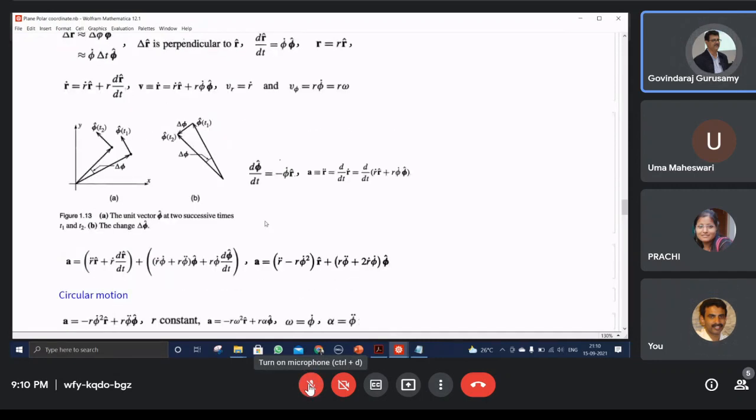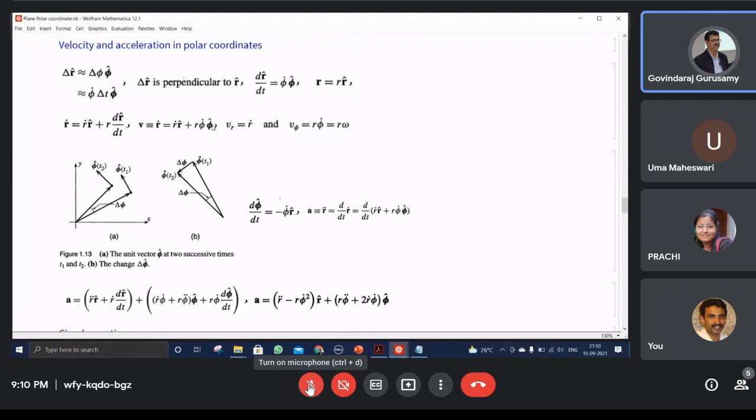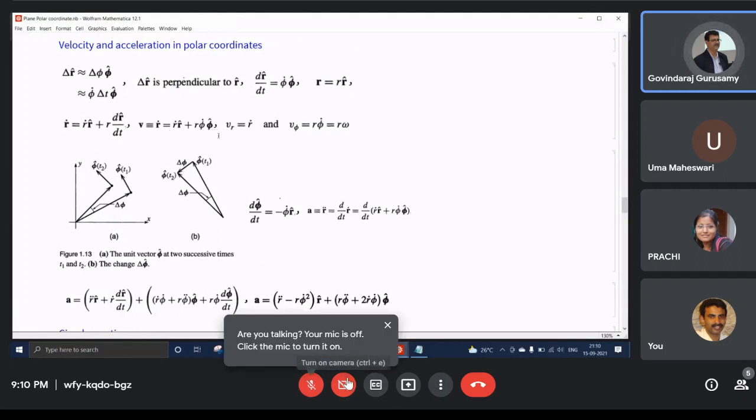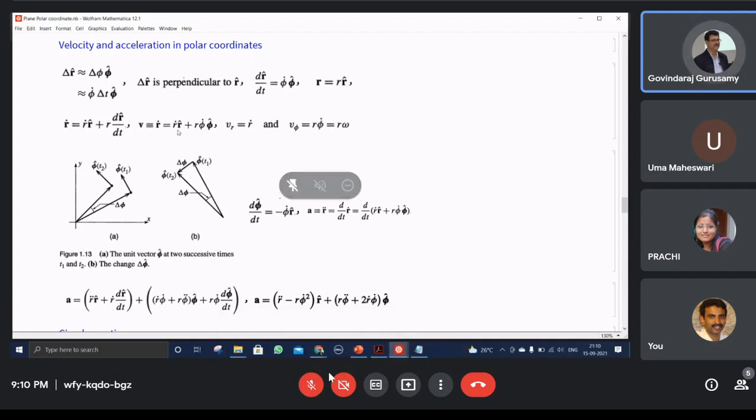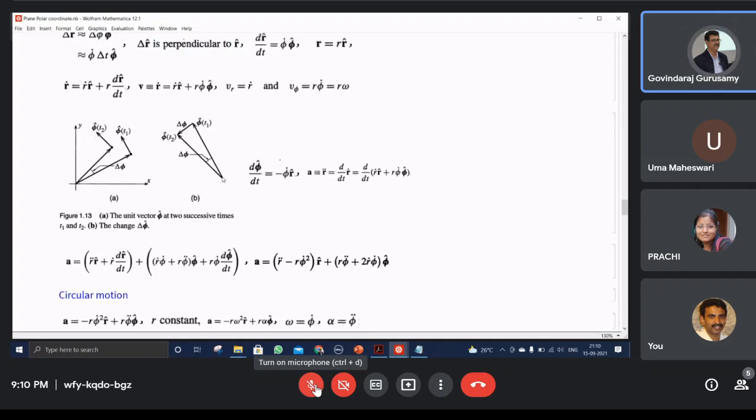Now look at the acceleration. What is going to happen now? Both r cap and phi cap are functions of time, so when you take the derivative, you have to take it carefully using the product rule. When more than one variable is there, all should be taken into consideration. Let's take this v and take a derivative of it with respect to time.